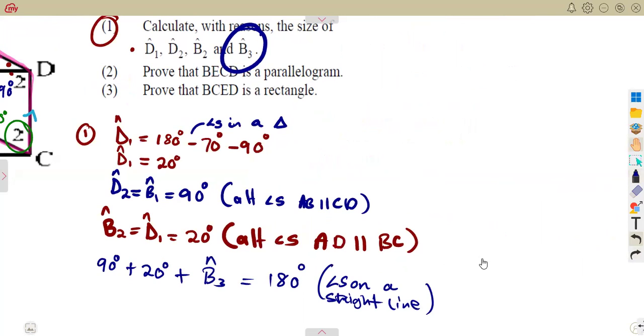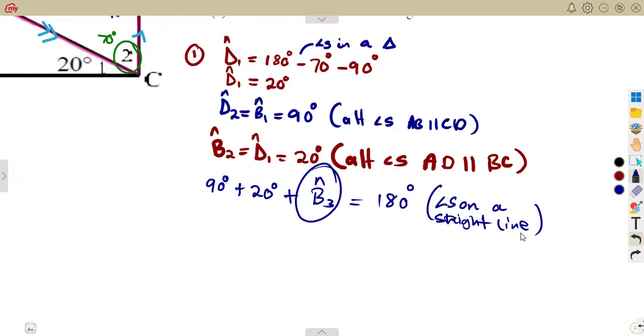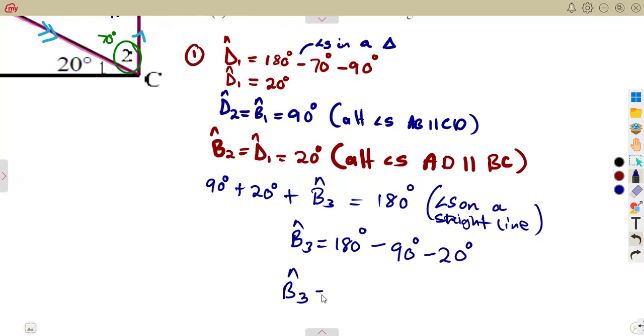So we have formed an equation which we can use to calculate our B3. We can solve for B3 by simply subtracting these angles that we are given. 180 degrees minus 90 degrees minus 20 degrees gives us angle B3, which is 70 degrees.